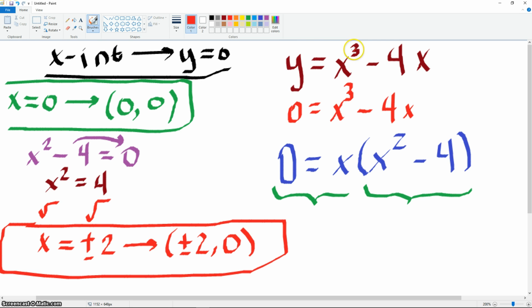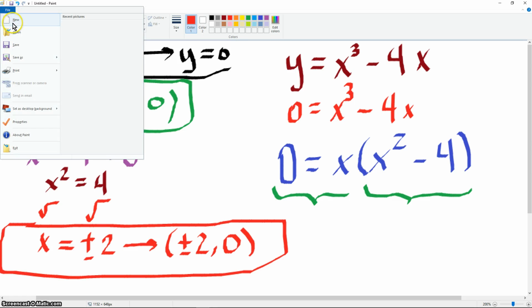That right there, the highest exponent on the variable you're trying to find the intercept for, that tells you how many answers you are going to get. So this 3 here tells us we're going to need 3 x-intercepts. Alright, so now that we've done the x-intercepts, now we need to do the y-intercepts.